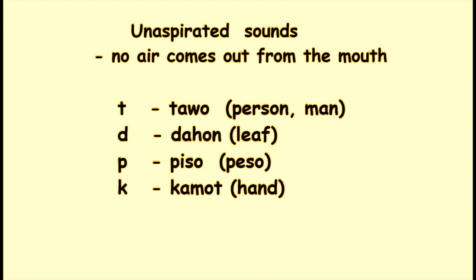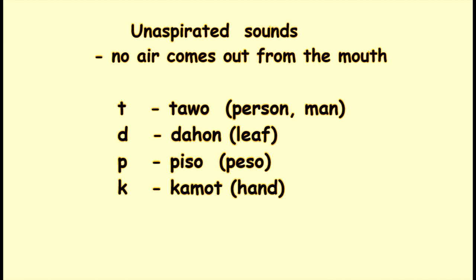Unaspirated meaning no air comes out from the mouth. For example, tao, which means person or man. Dahon, which is leaf. Piso, which means peso. And kamut, which means hand.